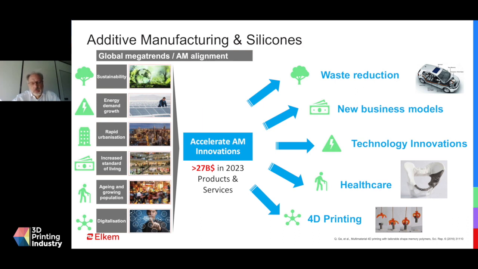And a major point for us in silicones, as silicones are a biocompatible material and very interesting in healthcare, it's down to personalized healthcare, where we see a lot of possibilities, because we are all equal in a certain sense, but we are not equal if we talk about biology.